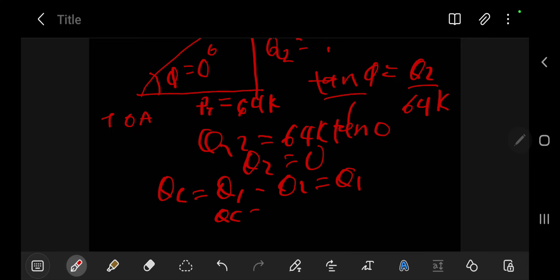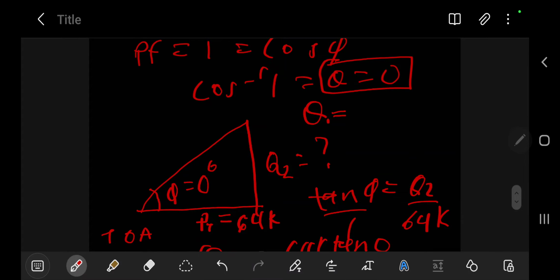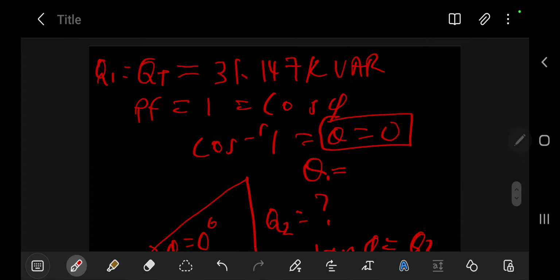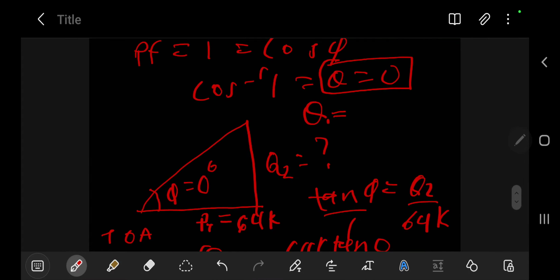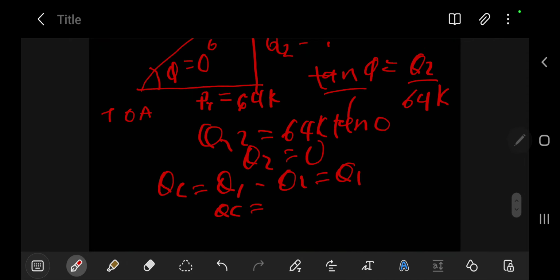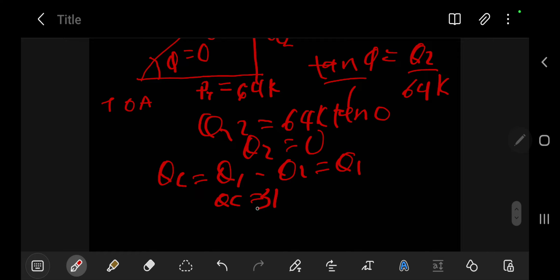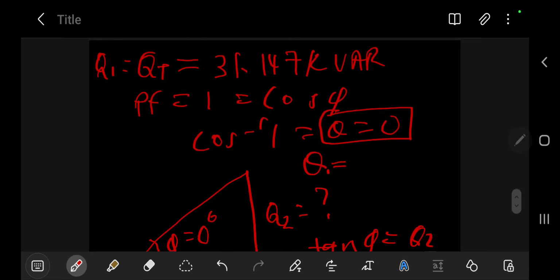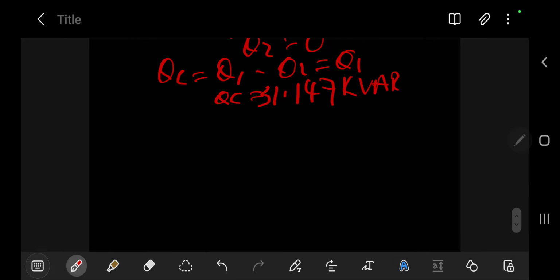So QC is Q1, which is what now? It was just 31.147 kVAr. So now you can just find the value of the capacitance.